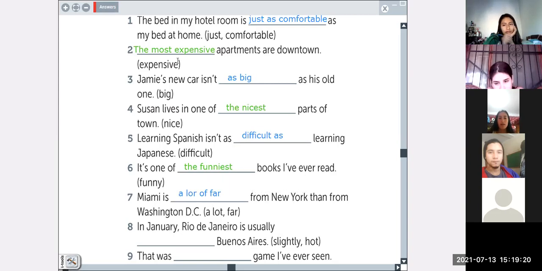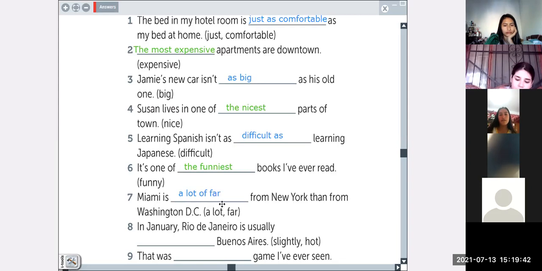A lot of far. Maybe, teacher. No llegué a esa parte. Ok. Recuerde que a lot of no lo podemos utilizar en este tipo de oraciones, porque a lot of es un quantifier, no es un modifier. Ok. Solamente utilizamos a lot. No necesitamos for or of, sorry. And far tiene que estar en la forma de comparativo.